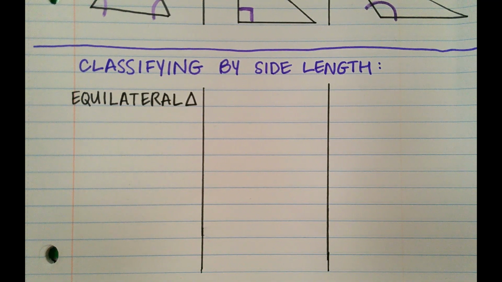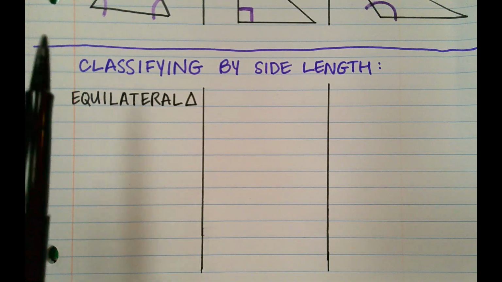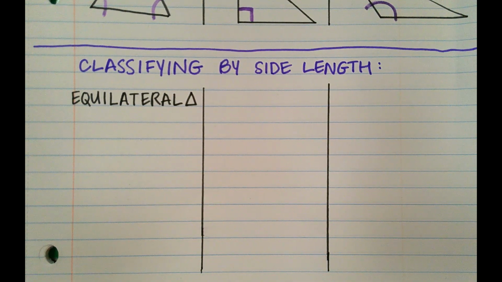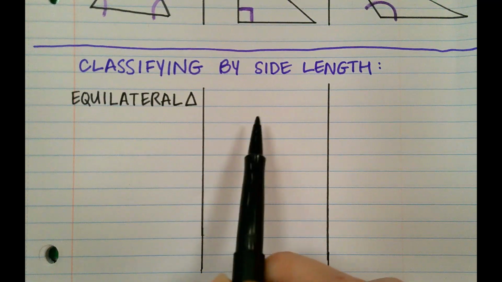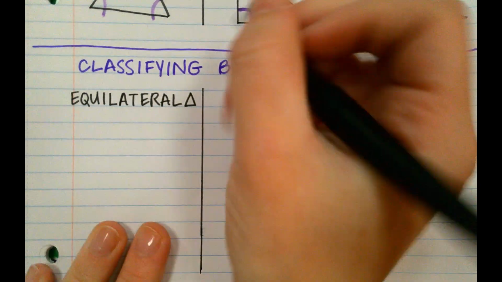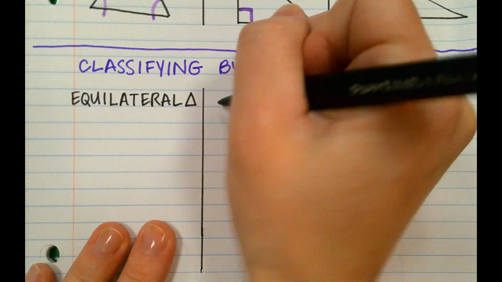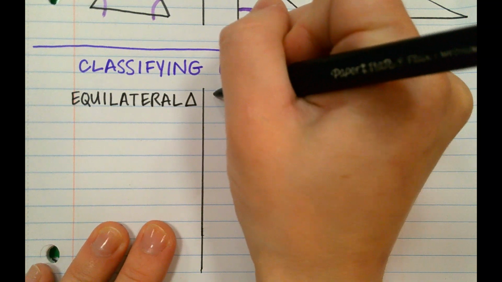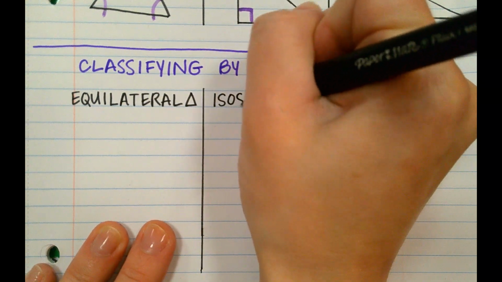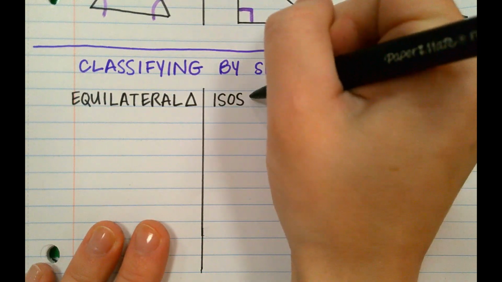Is this a brand new word for any of you? Or have we heard this before? Might be familiar. Maybe you've heard it in the past. Equilateral triangle. Next we have isosceles. We got that one yesterday. I-S-O-S-C-E-L-E-S.